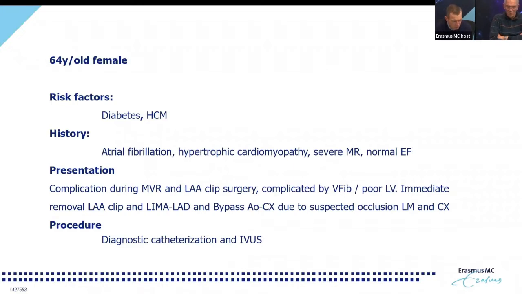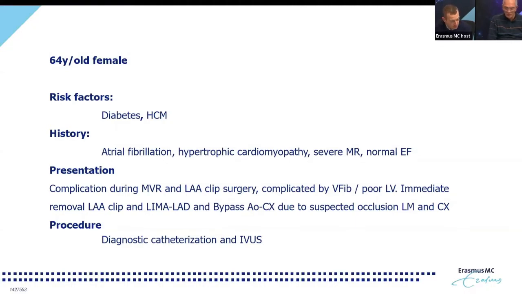This surgery was, however, complicated by ventricular fibrillation and a quick deterioration of the LV function, which led to immediate removal of the LAA clip and an anastomosis of a LIMA-LAD bypass and an aorta-circumflex bypass due to a suspected occlusion of the left main circumflex bifurcation due to the left atrial clip.